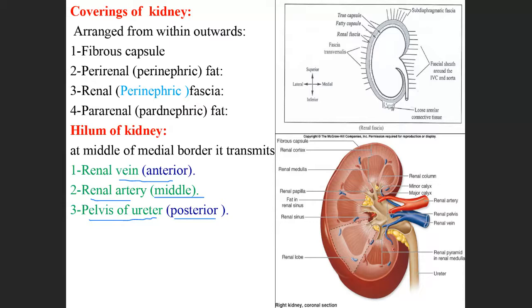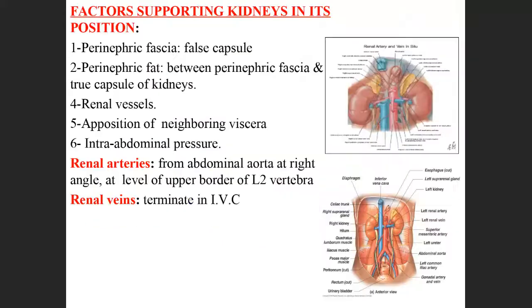So this is the pelvis of the ureter, this is the renal artery, and this one is the renal vein. So these are the structures present in the hilum of the kidney.